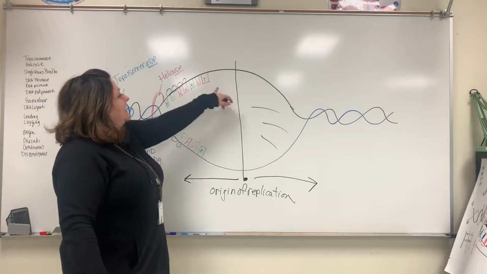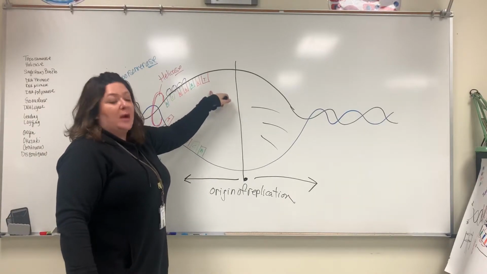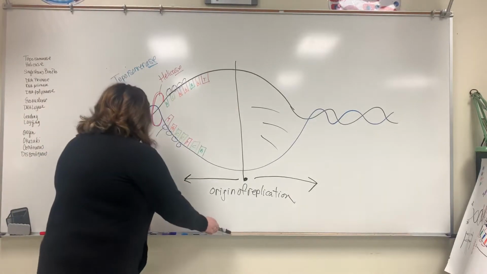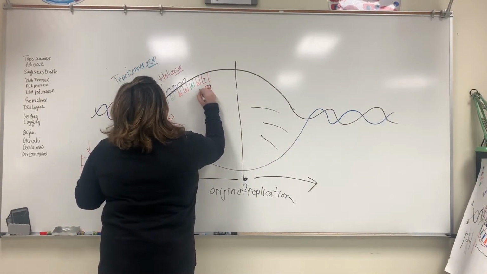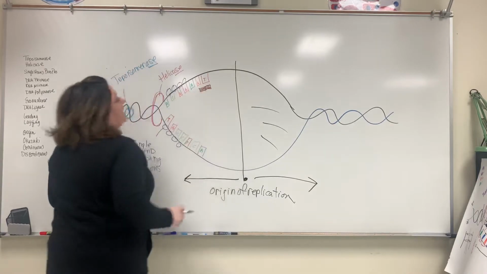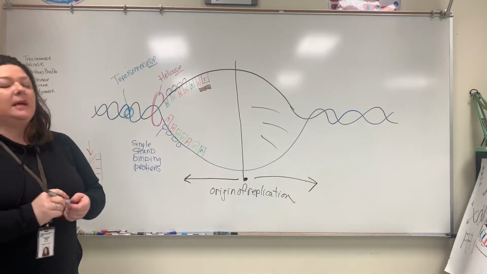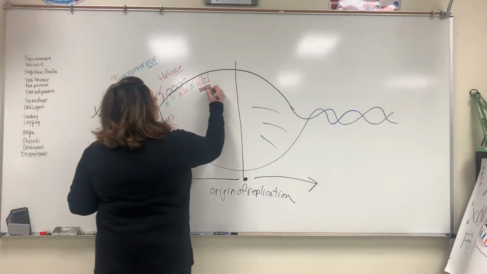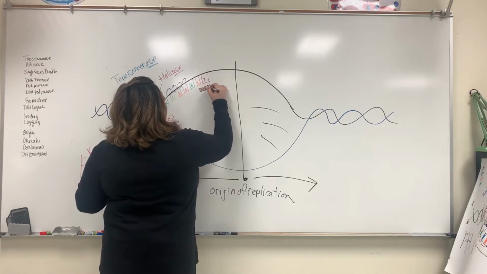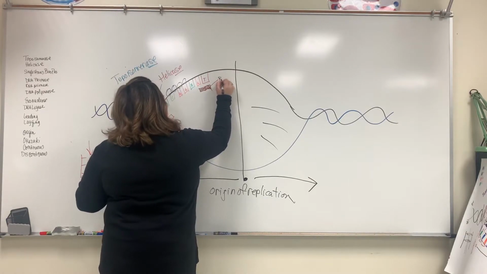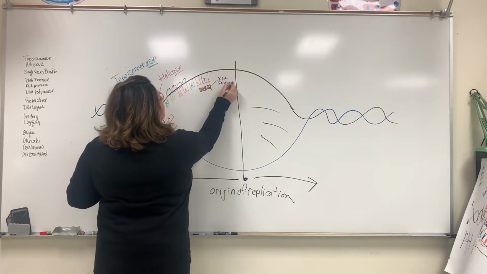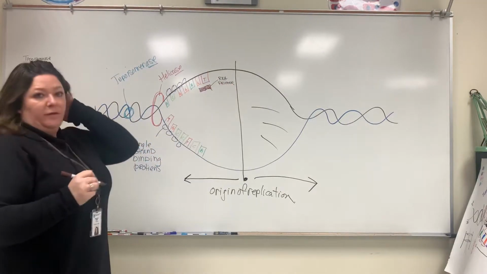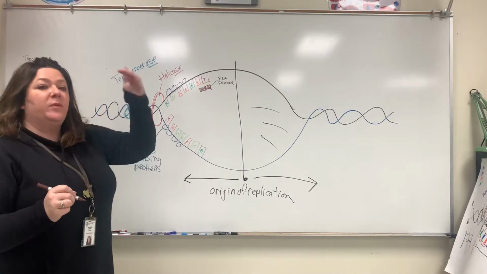So what has to happen for this whole process to start is we first need something called a primer. The primer may be several nucleotides long, and it is a small strand of RNA that is gonna help the process start.